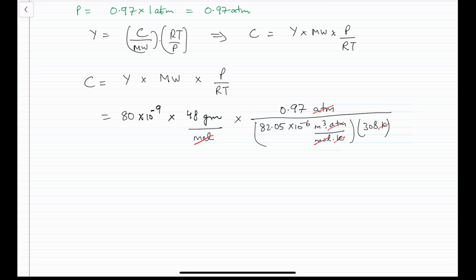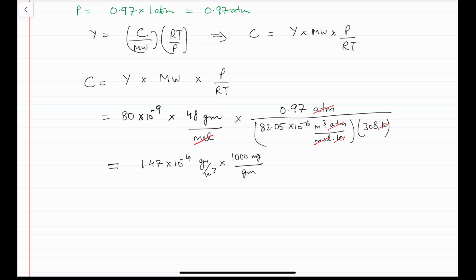And if you plug all of these values into your calculator, which I highly encourage you do, you would get a concentration value of 1.47 into 10 power minus 4 gram per meter cubed. And I want to get it in milligrams, so I know 1000 milligrams make a gram.